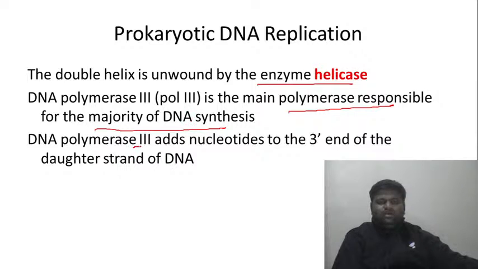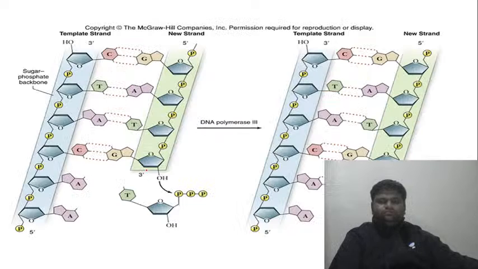DNA polymerase 3 adds the nucleotide to the 3' end of the daughter strand of the DNA. So this is DNA polymerase 3 in action, where it adds the nucleotides at the 3' end of the DNA molecule.